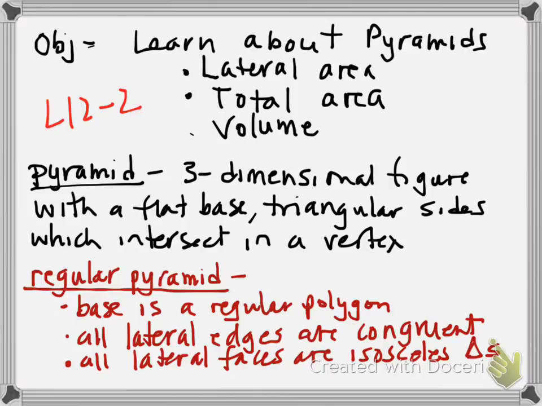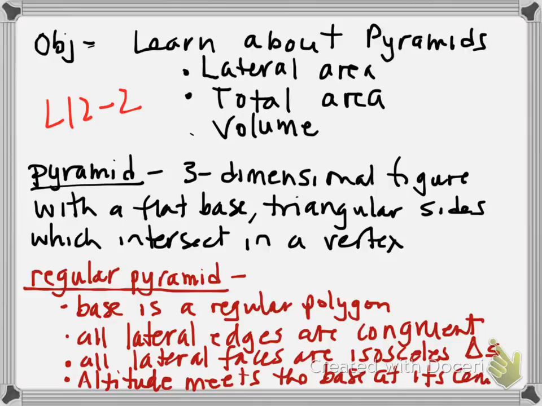And then I have one more. The altitude, so its measure is the height, meets the base at its center. All of these pieces of information allow you to do a ton of calculations with unknown pieces, so that's pretty good.